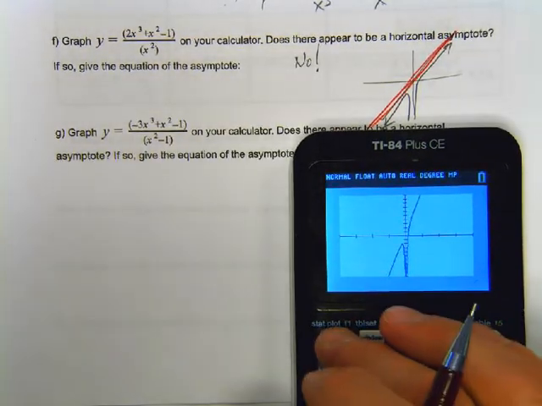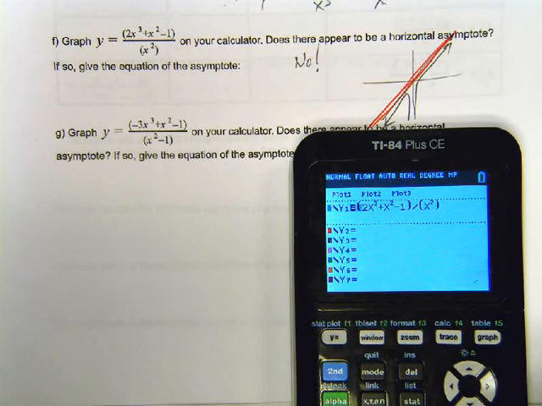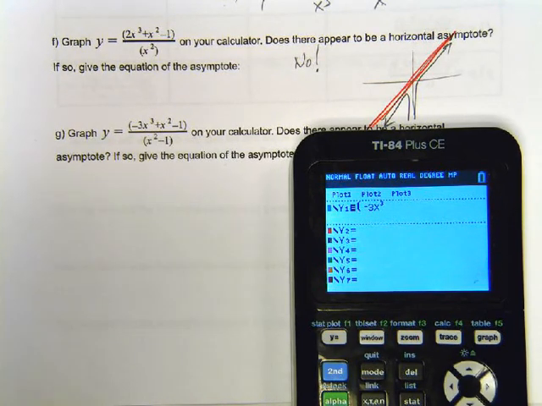Y equals parentheses negative 3x to the third power plus x squared minus 1 close parentheses divided by open parentheses x squared minus 1 close parentheses. See what happens.